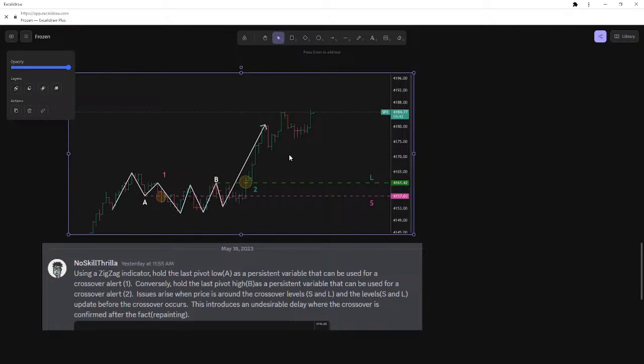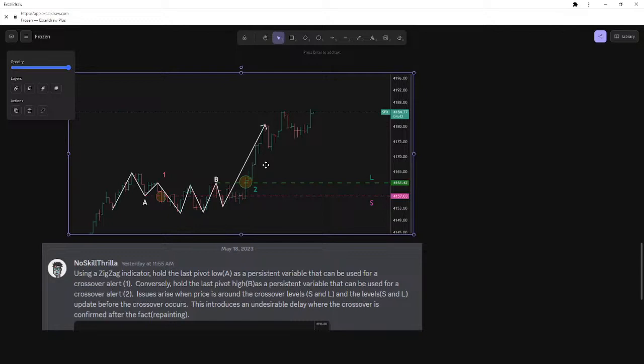So I did all of this in the studies part of Sierra Chart, not in ACSIL. I tried in ACSIL and it just didn't work, so I gave up on it, but I have it in the studies.